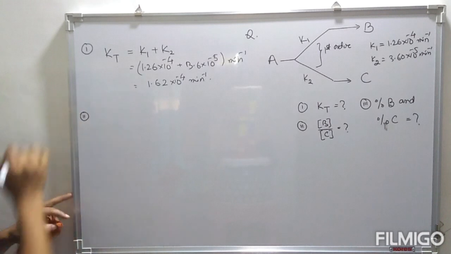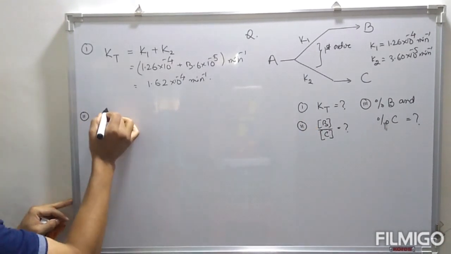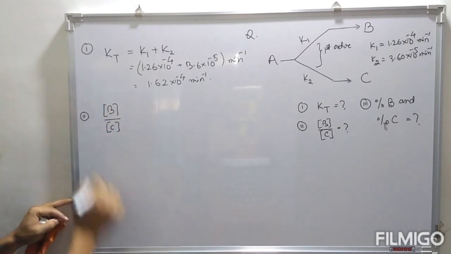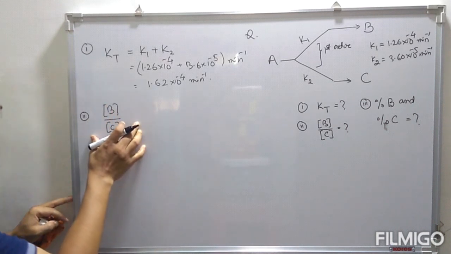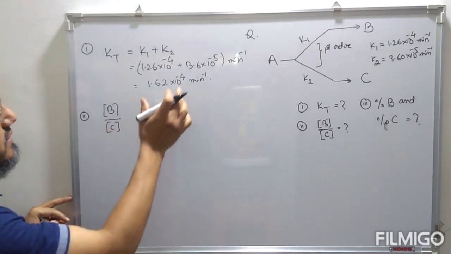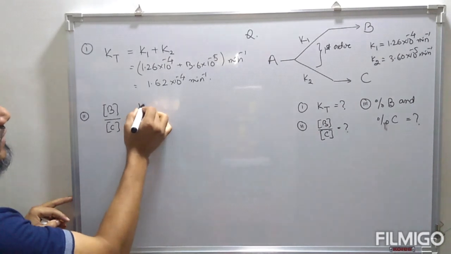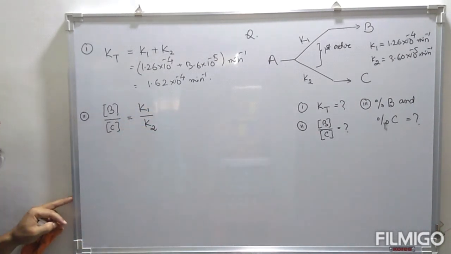The second, for the product ratio of B and C at any given instant, we have the concentration of B divided by the concentration of C at any given instant. For a parallel reaction, this product ratio is equal to the ratio of rate constants K1 by K2.